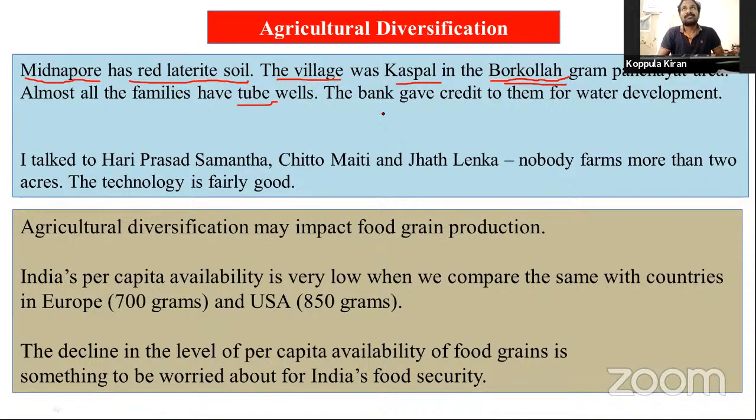Everybody has 3 to 5 cattle, and they are also developing crops. They are cultivating only 2 acres of land. Only 2 acres of land are cultivated by these village farmers.